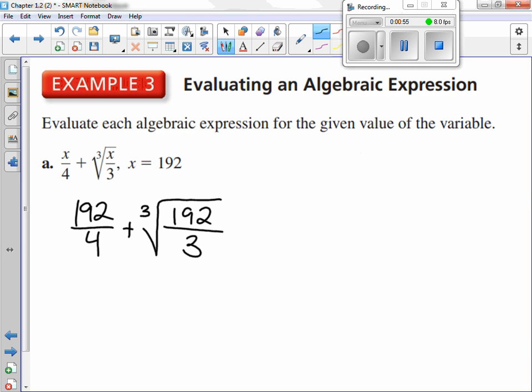Now at this point here, you can go on and plug it into the calculator. So I'm going to grab my calculator and do this here. And I'd go on and plug it all in. 194 over 3 plus, second, our caret key, or what I call the caret key, 3. And inside the cubed root, 192 over 3, and hit enter.